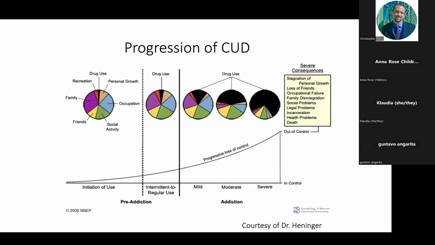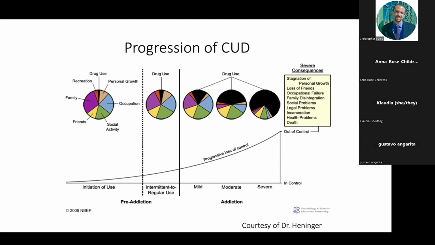So this slide shows the natural history, the progression of, in general, substance use disorders, but also cocaine. We see different dimensions in a person's life. We have the family, occupation, work, friends. If they initiate using cocaine, we see how that occupies a little piece of the dimensions of that person.